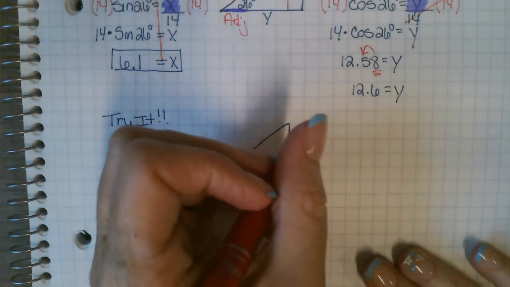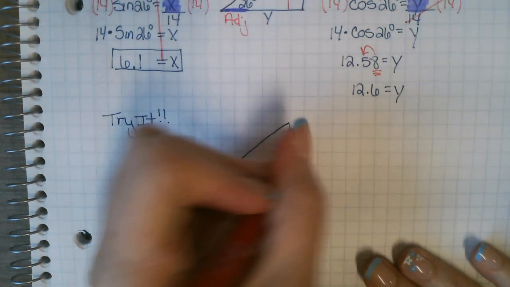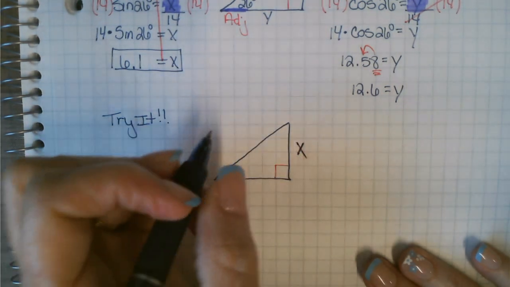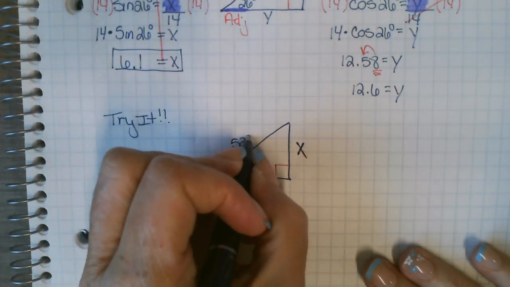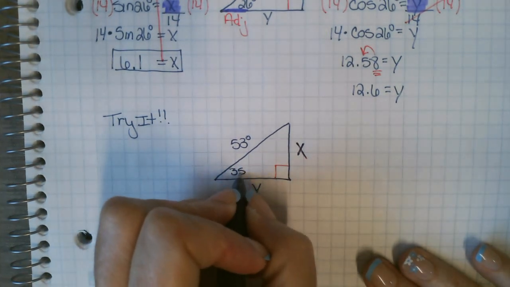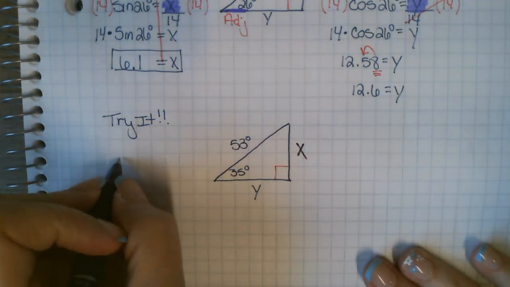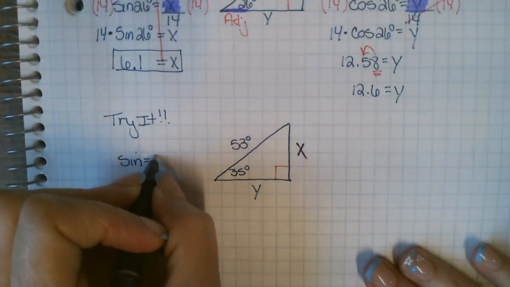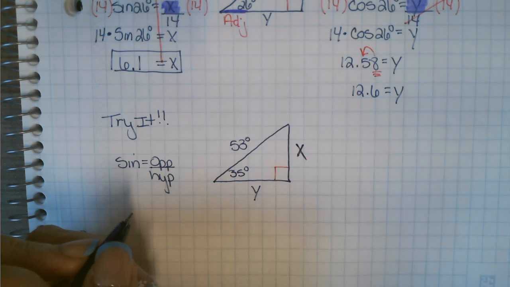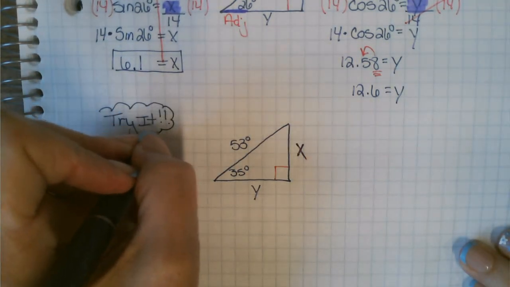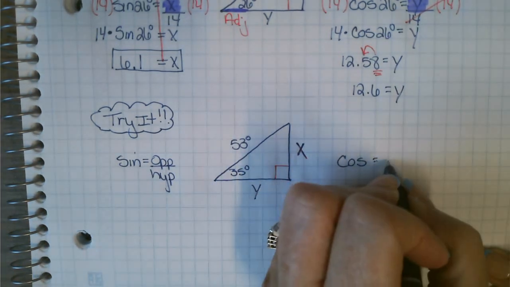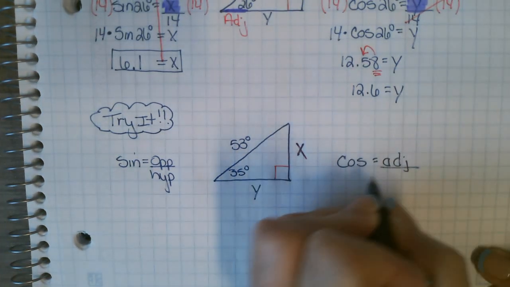And then I've got x, I've got 53 here, I've got y here, I've got 35 here. I'm going to have sine equals opposite over hypotenuse, and then you're going to have cosine equals adjacent over hypotenuse.